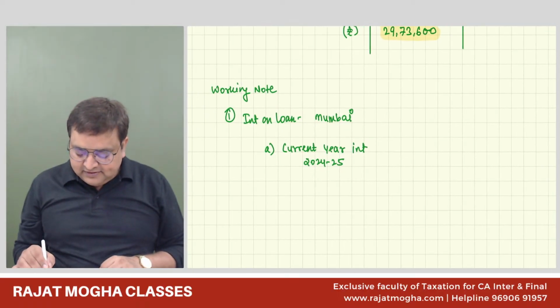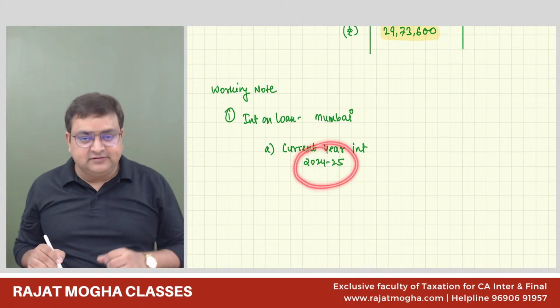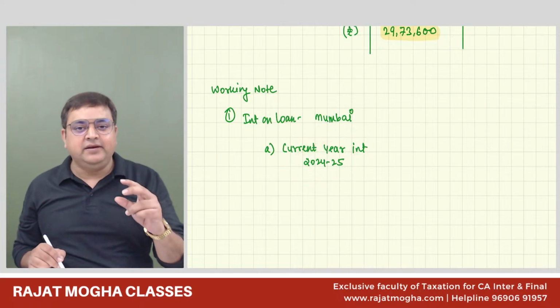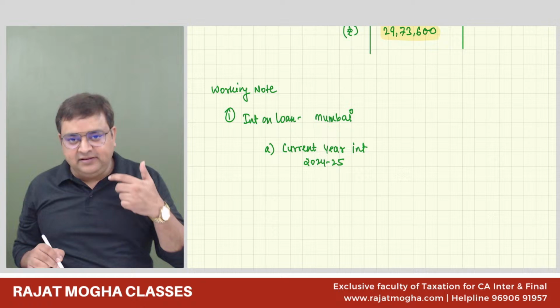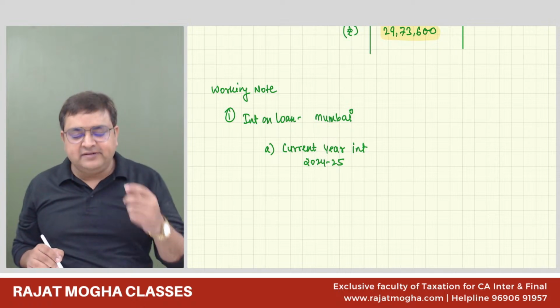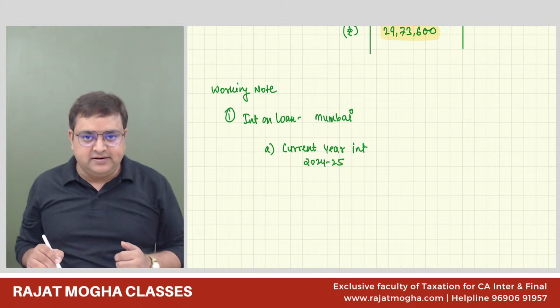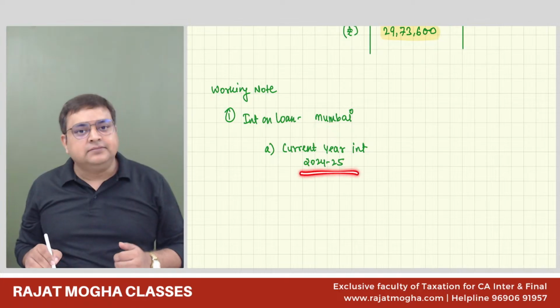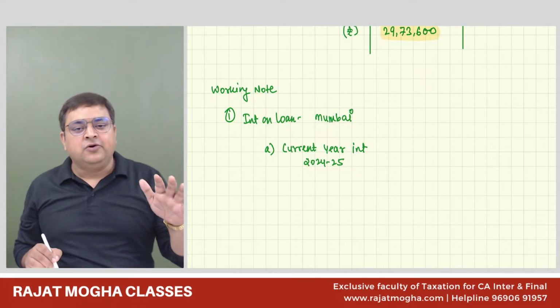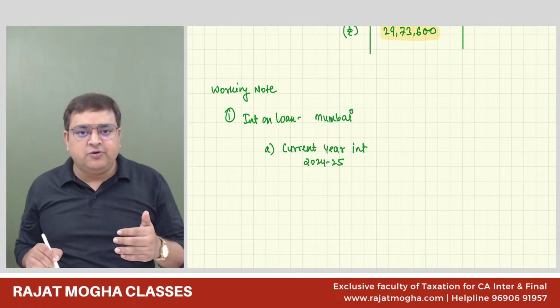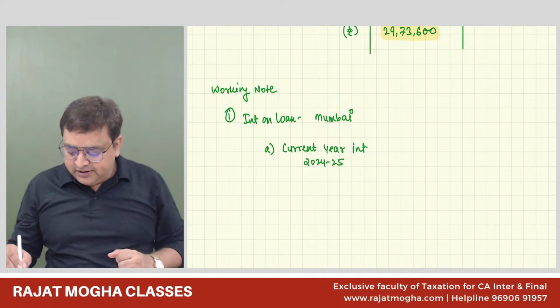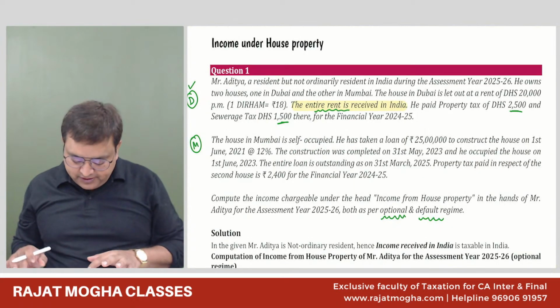So in this year, first of all, please ask yourself whether there is a loan or not. And if there is a loan, how much was the outstanding? Was it the same throughout the year, or was the outstanding changing in any part of the year or not?